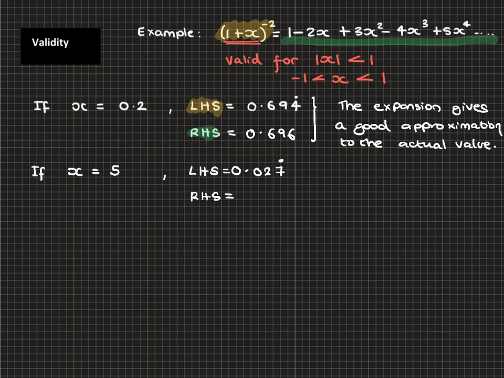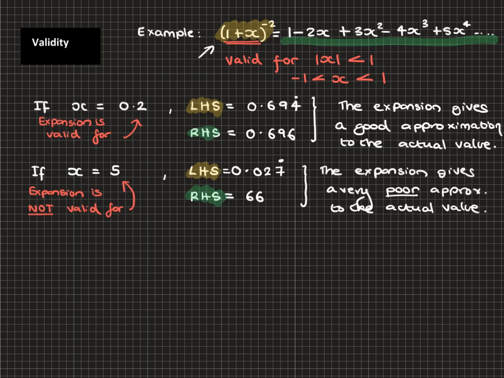Well, you'll find very quickly that you get an answer of 66. Now, have a look at this. The actual value of the function, (1 + x)^(-2) at x = 5, is 0.027 recurring. The approximation, which is the expansion, gives us a value of 66. That's such a poor approximation for the actual value, which is tiny in comparison.